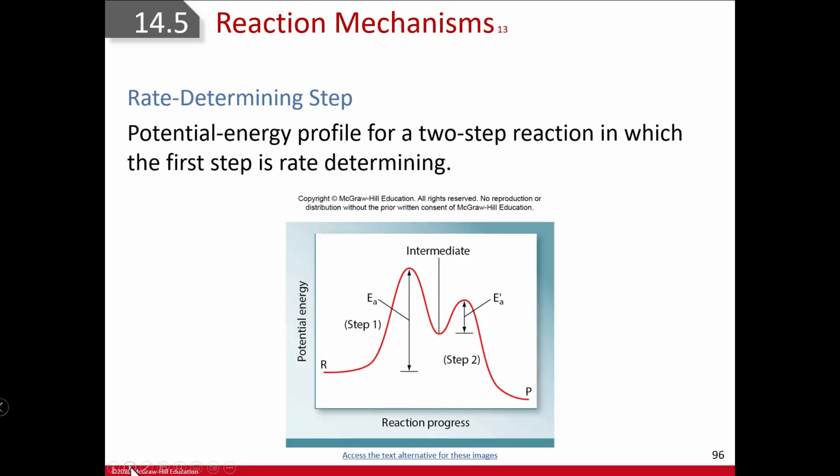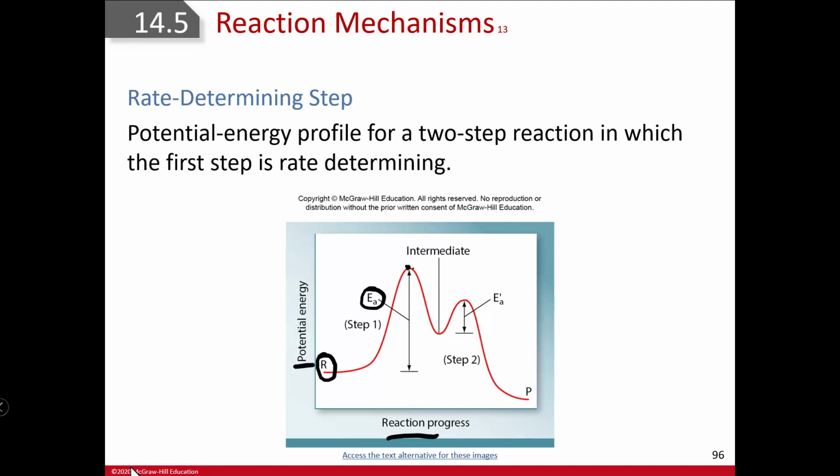All right, so this is what we get if we draw potential energy versus reaction progress. As the reaction happens, here are our reactants. I want you to be able to interpret this plot. The first step, we go all the way up to this activated complex here, and that is E sub A for the first step. Notice it's a huge number. So we have to get enough energy to get up to the top of that peak.